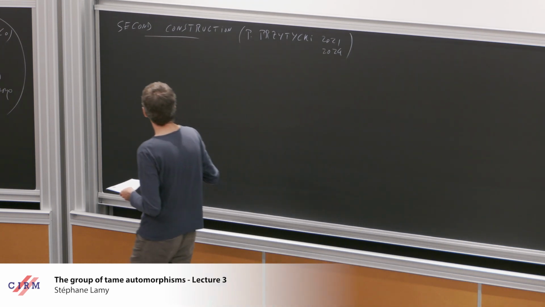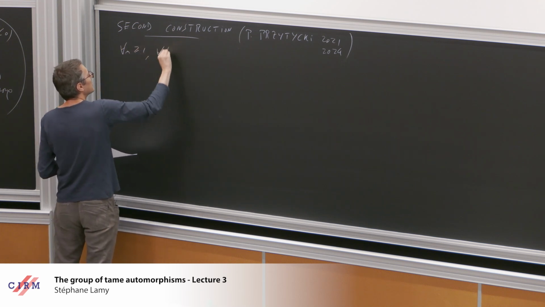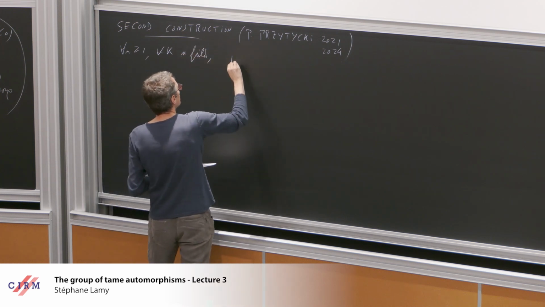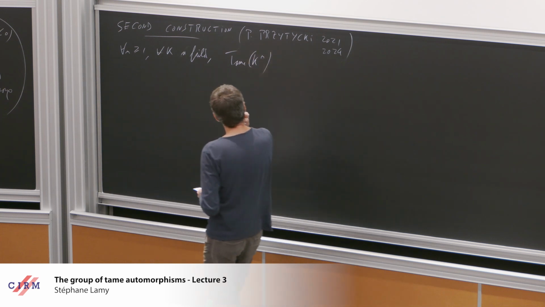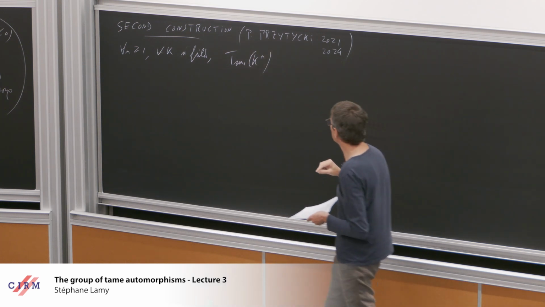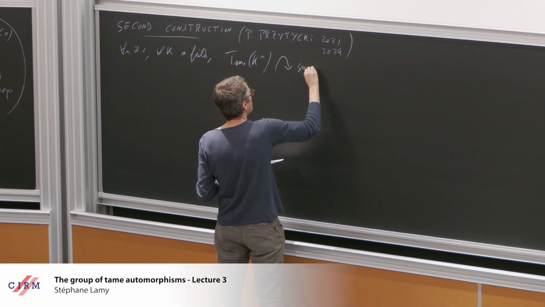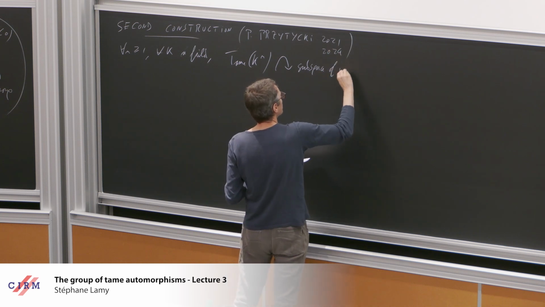Okay. So the idea is that for any n and for any field k, we're going to construct an action of the group of Tame automorphisms on a space of valuations, on a subspace of the full space of valuations.